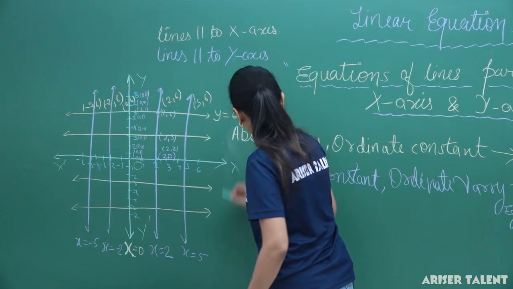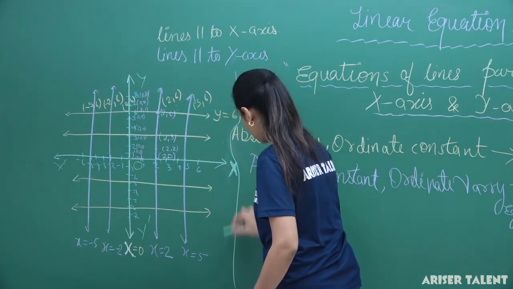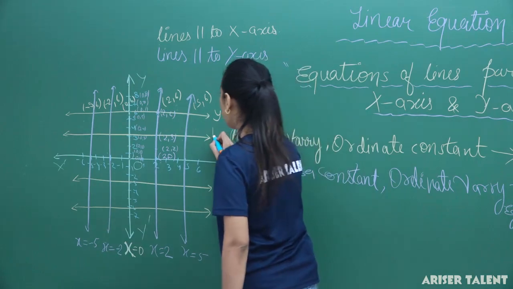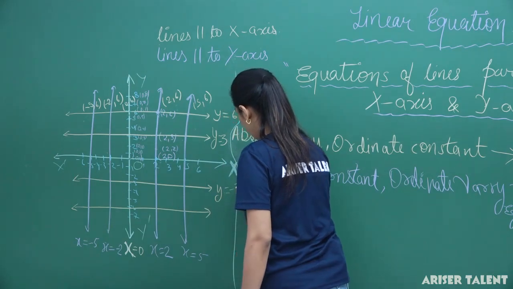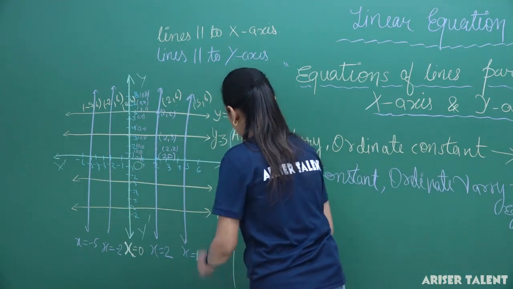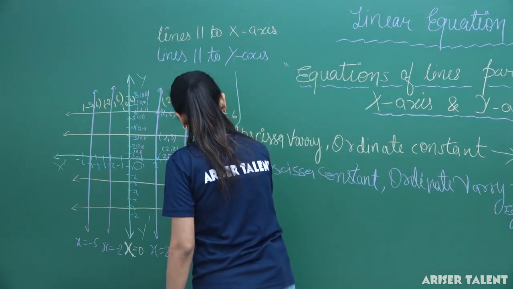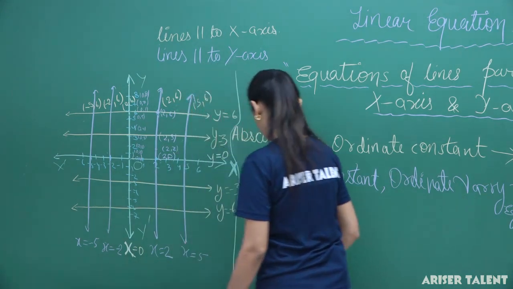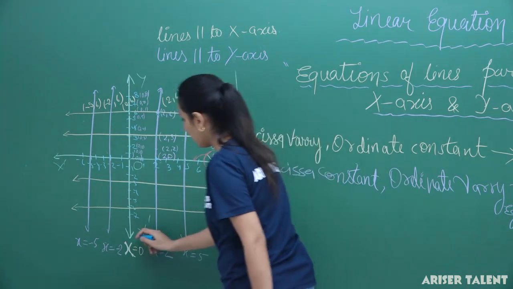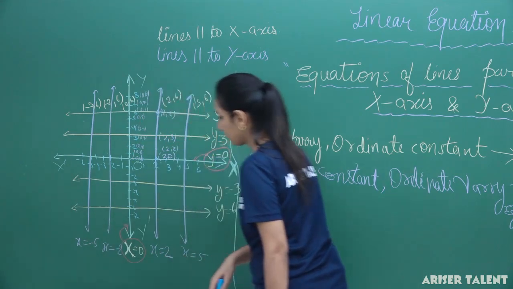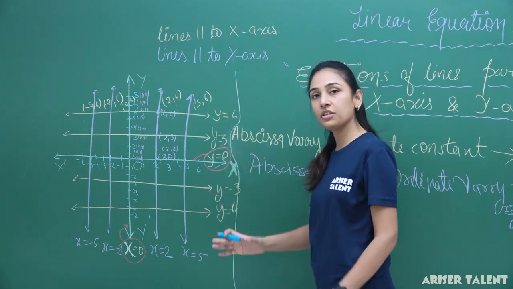And this is y equals 3, this is y equals -3, this is y equals -6, and this line is, students, what? y equals 0. This line is y equals 0, and this line is x equals 0. Understood? Are these line equations understood or not?